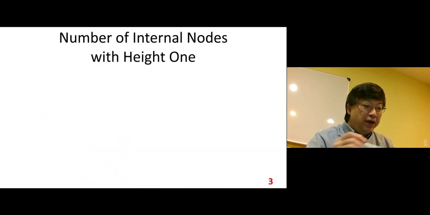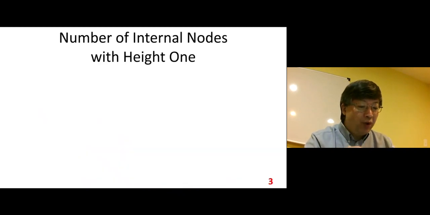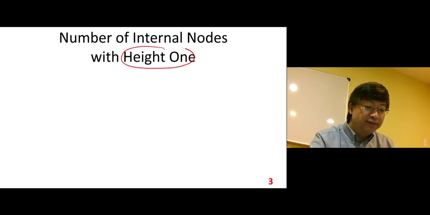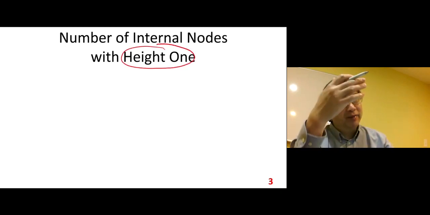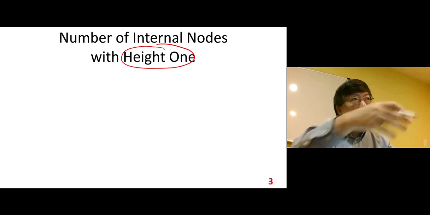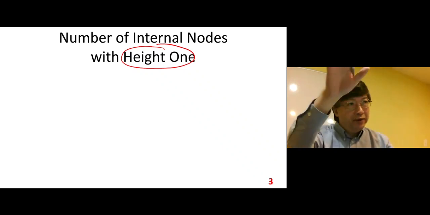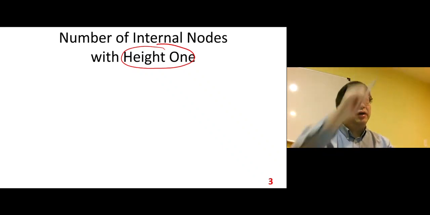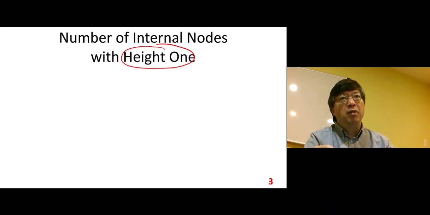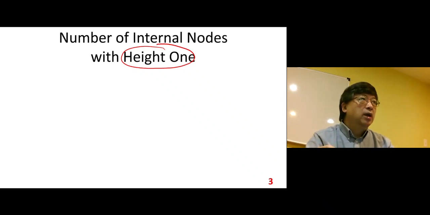Next, number of internal nodes with height 1. So when we're going to study more, after leaves, we want to look at all other nodes with a given height. Remember the title of this part, B.1: number of nodes with given height in a heap.